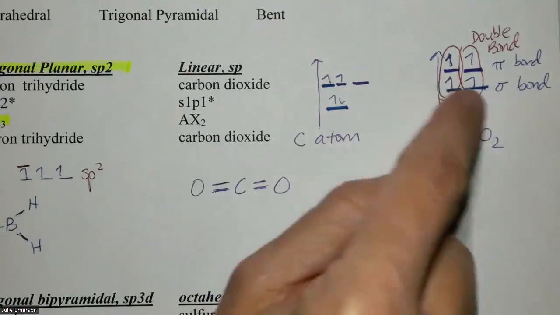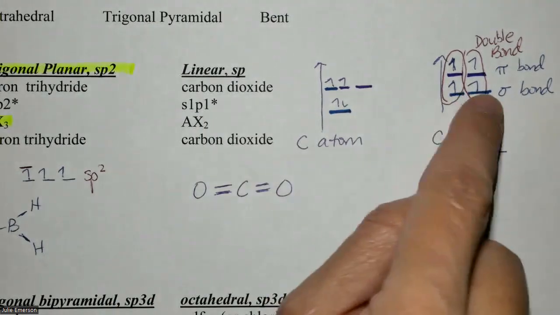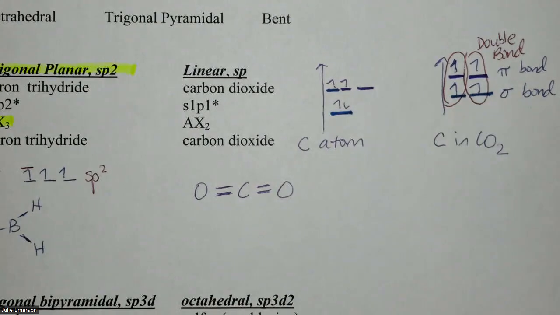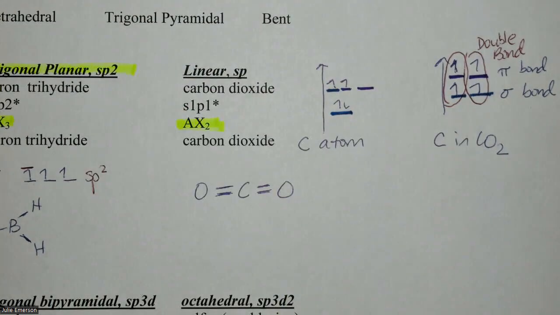But this right here is why, when we look at the orbital hybrid, it's only an sp, because we're always looking at the sigma, the baseline: what's the orbital hybrid? So the easiest way to connect that is if it is AX2, that means I only need 2 bonding sites. And remember for VSEPR, it doesn't matter if it's a single bond, double bond, triple bond. So I only need 2 bonding sites.